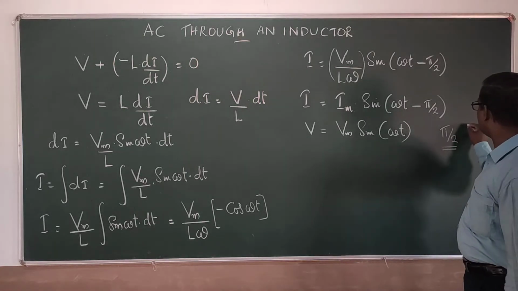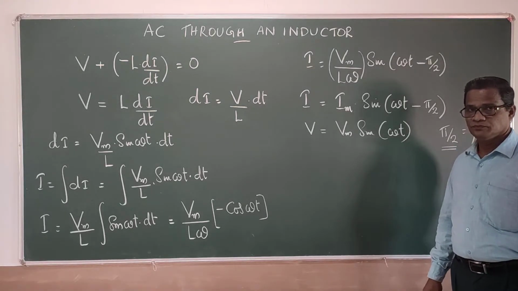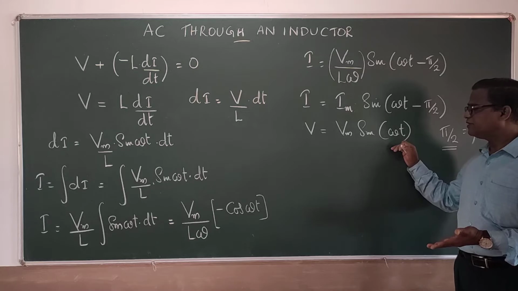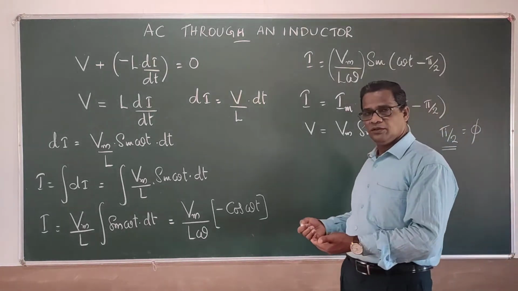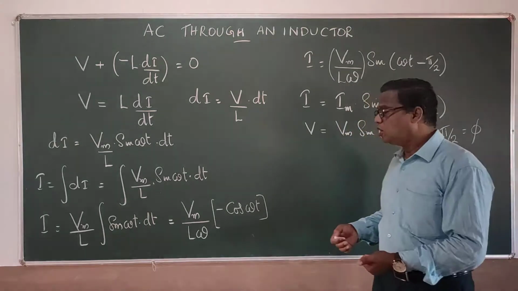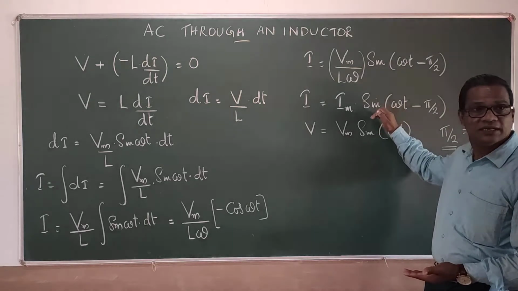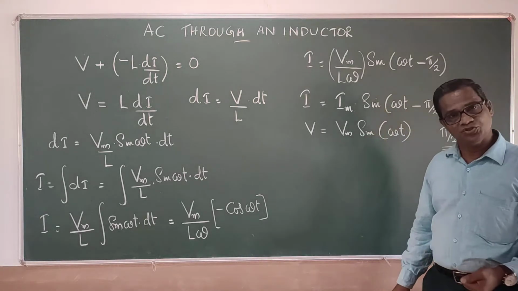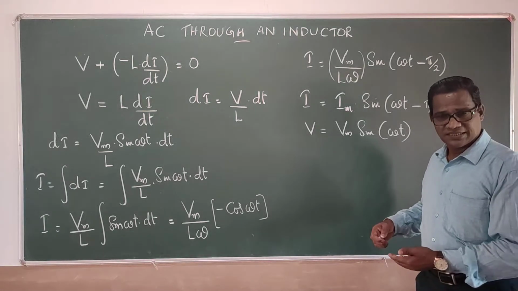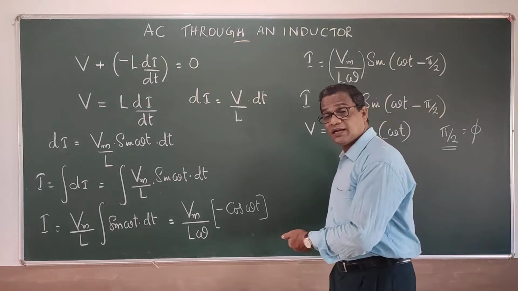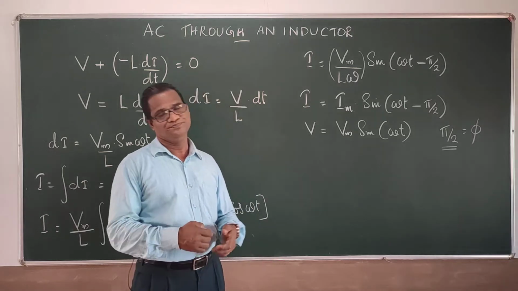So there is a phase angle phi equal to pi by 2. The current is coming behind the voltage, or the voltage is leading the current by pi by 2. That's why I told you initially, through an inductor, the supply voltage will be dragging the current through the inductor. As you drag it, it will always be behind you.